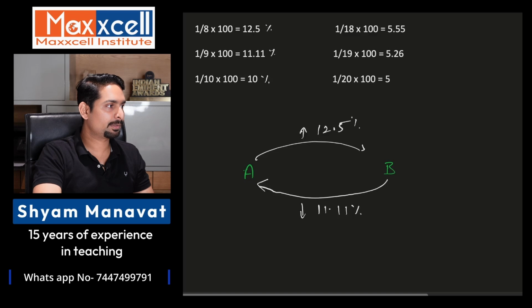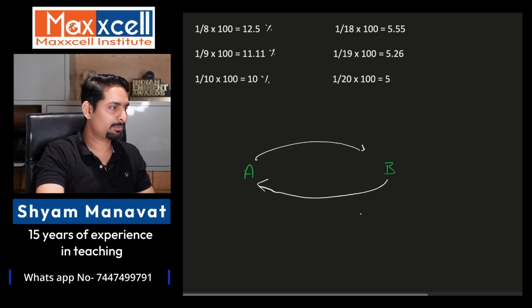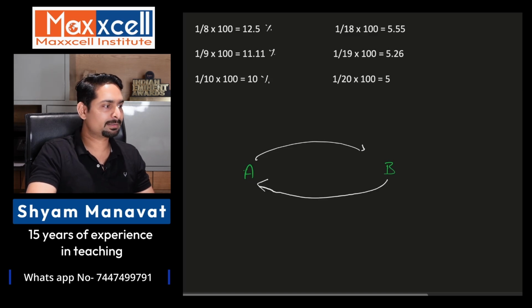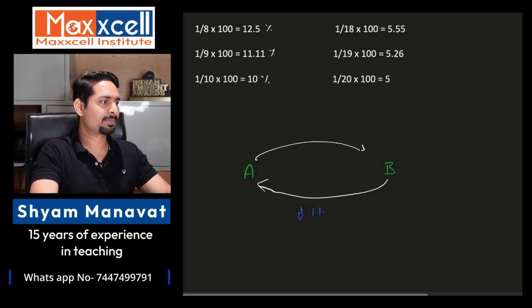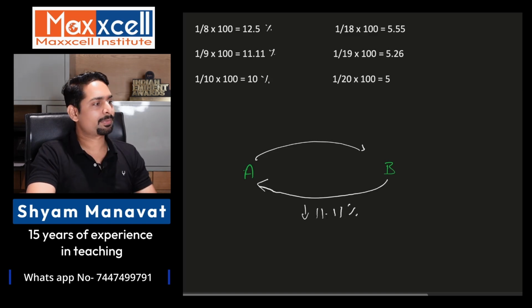Okay, thank you. And we can say it the other way around also. Suppose you have been given the decrease value first. If I say from B to A there is a decrease of 11.11%, then from A to B it will be an increase of what? 12.5%.